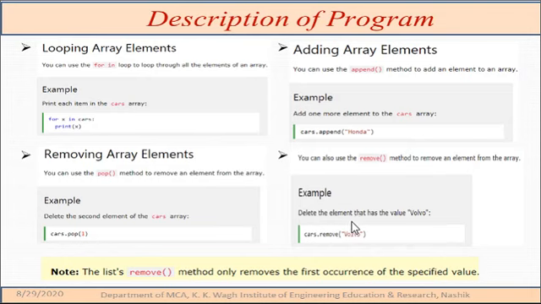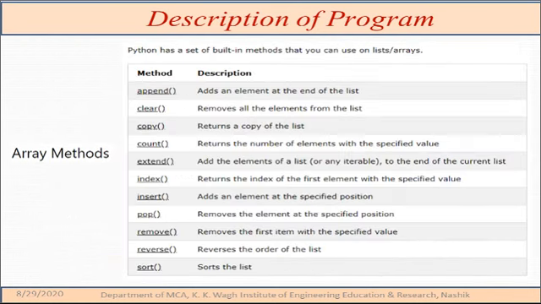Whereas if I want to delete the element that has a specific value, there is another method for removing an element from the array, called remove. So you can use either pop or remove.